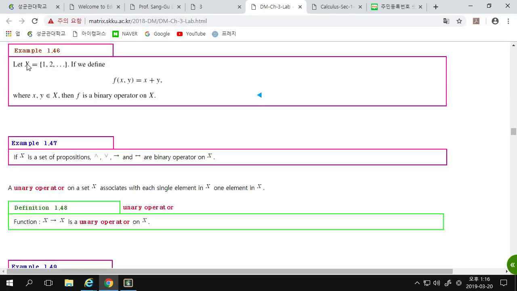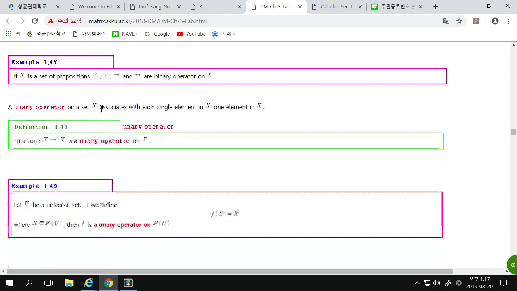For example, X is the set of natural numbers, and f of x, y is equal to x plus y. If you choose two natural numbers, the addition is another natural number. This is an example of a binary operator. And conjunction, disjunction, implies, and if and only if are all binary operators.